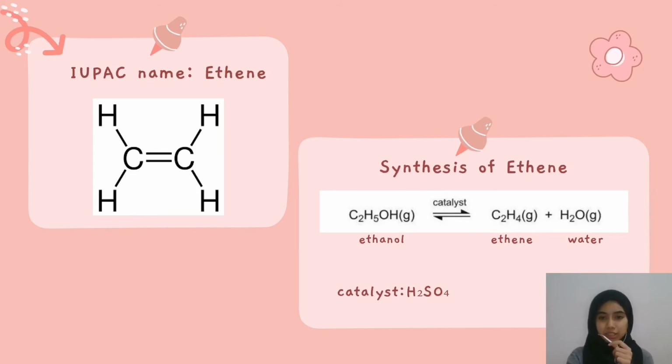From ethanol, C2H5OH gas, reacting with a catalyst to produce ethene, C2H4 gas, and water, H2O gas. The catalyst being used here is H2SO4, sulfuric acid.